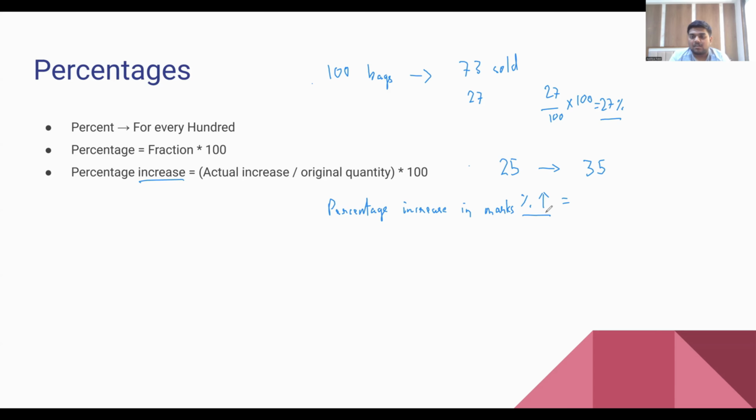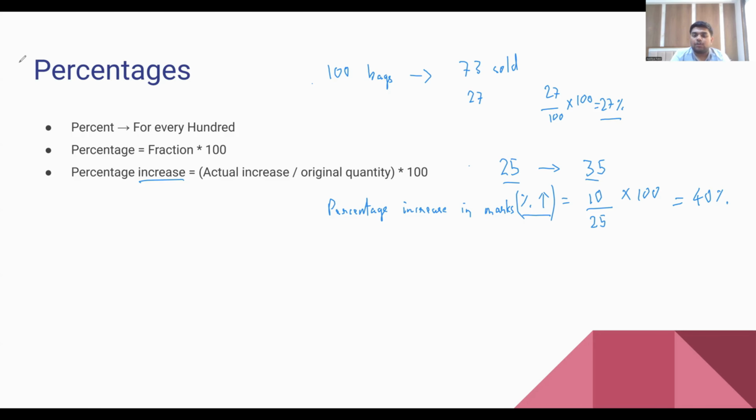Percentage increase in marks is equal to the increment, which is 10 here, right? So 10 divided by original quantity, so initial marks were 25, into 100. So doing the division gives you 40%. So that is about how the percentage increase is calculated.